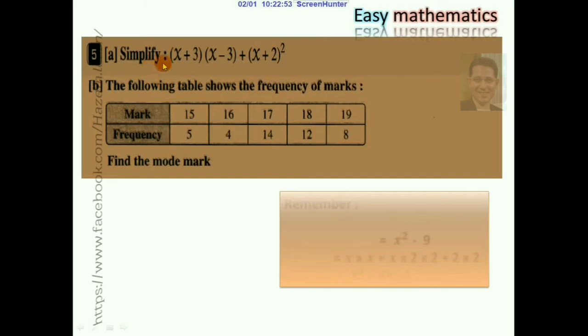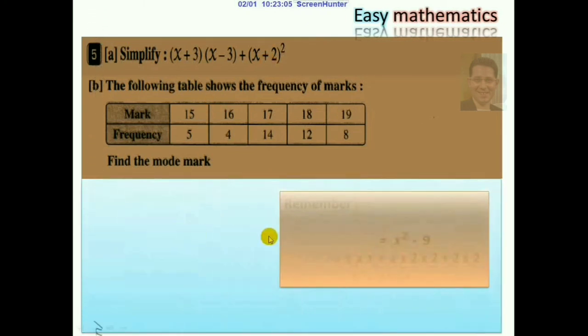But before starting to solve letter A, we must remember with each other how to open these two brackets and how to open also these brackets. Remember with me.